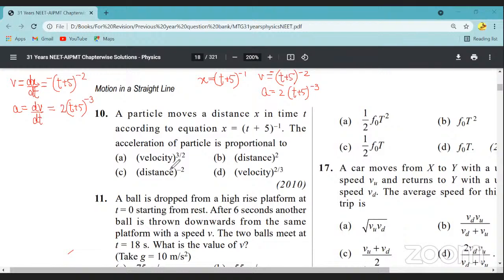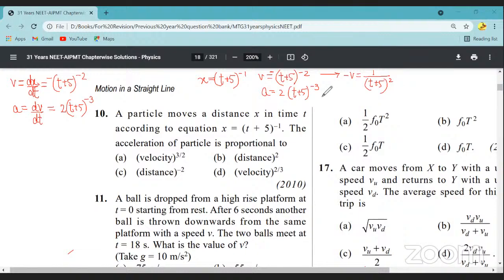This t plus 5, what can we write it as? So from here what can I write down? I can write down minus v equal to 1 by t plus 5 to the power 2, right? v can be written like this.